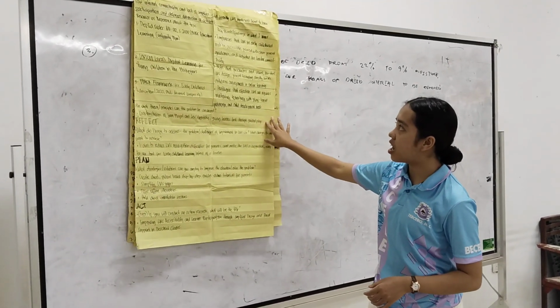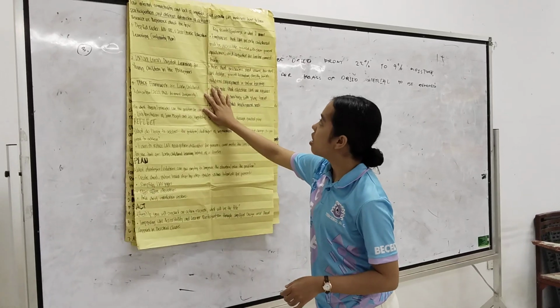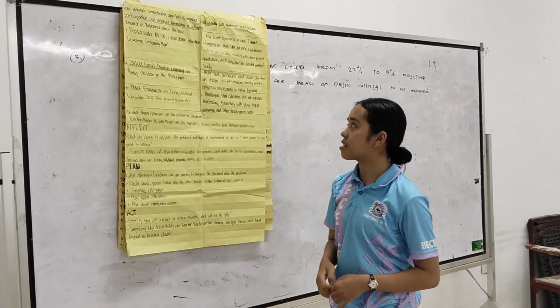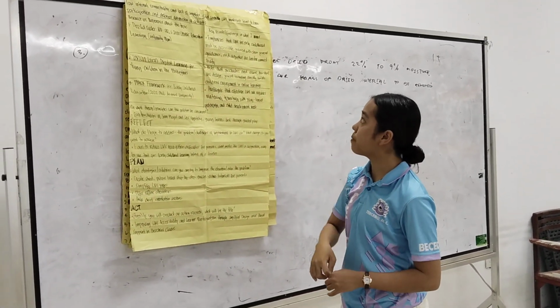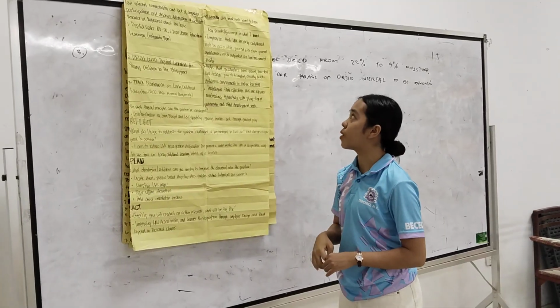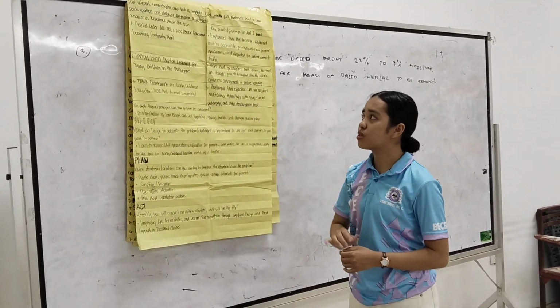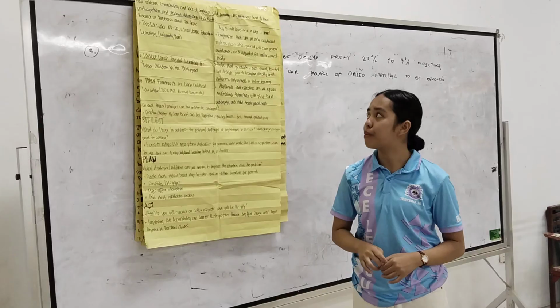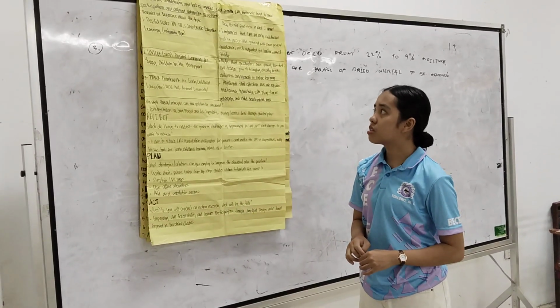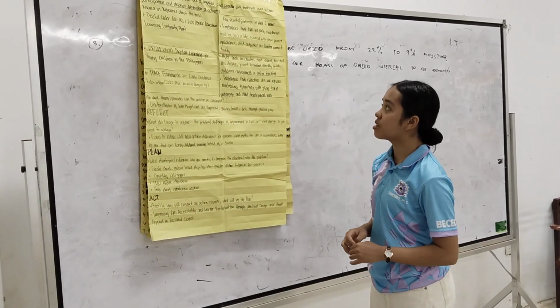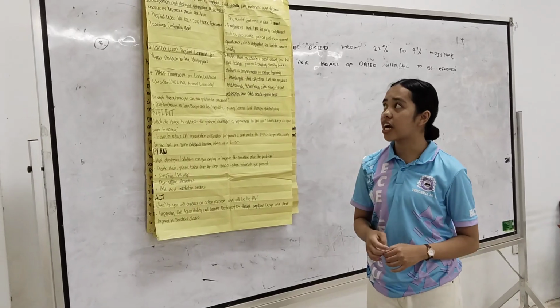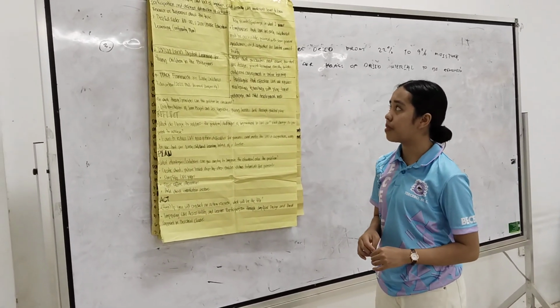So these are the resource or reference about the topic and the key points or findings in what I need. So first one is the DepEd Order number 012 Series 2020 Basic Education Learning Continuity Plan.